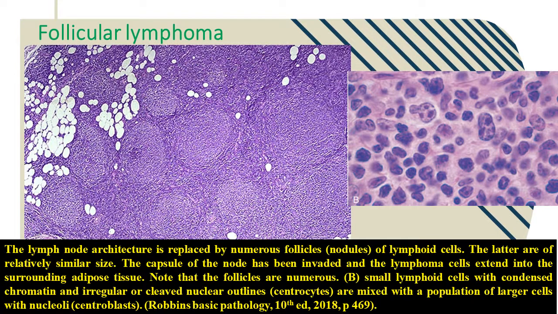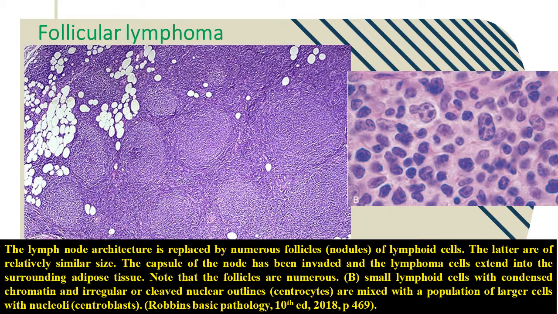These microscopic images show the follicular lymphoma. Here is a lymph node involved by lymphoma, a malignant process characterized by the proliferation of neoplastic lymphoid cells. The capsule of the node has been invaded and the lymphomatous cells extend into the surrounding adipose tissue.